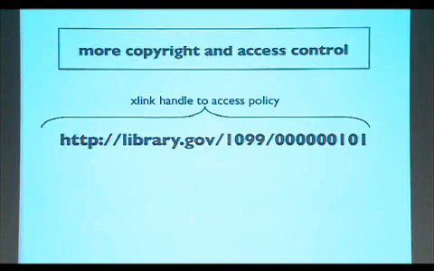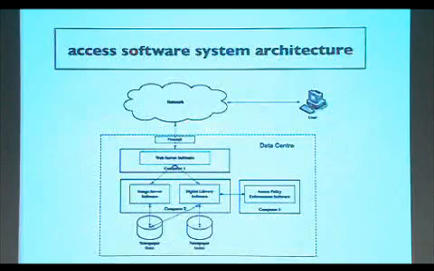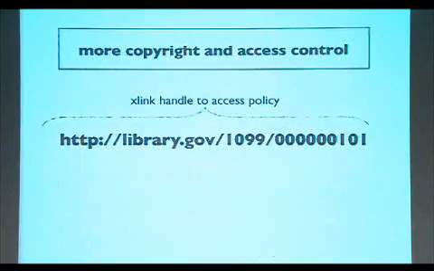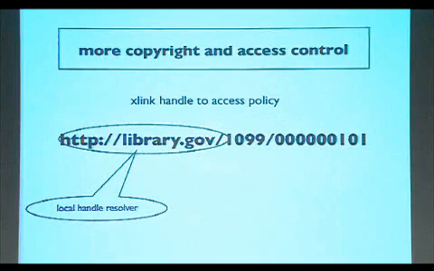And how this works, basically, is each of these articles has what is called an X-link that points to an access policy that's maintained by that access policy enforcement software, and it does so in the following way. That's just like an HTTP server.